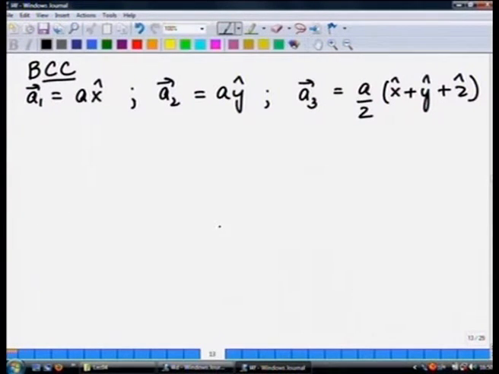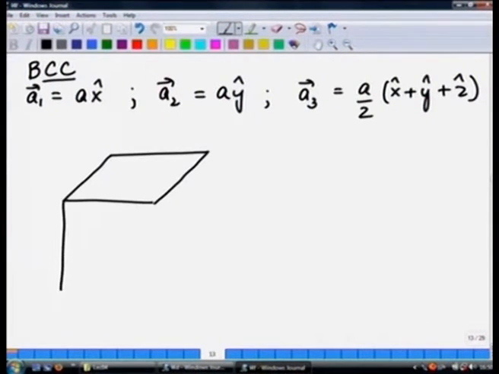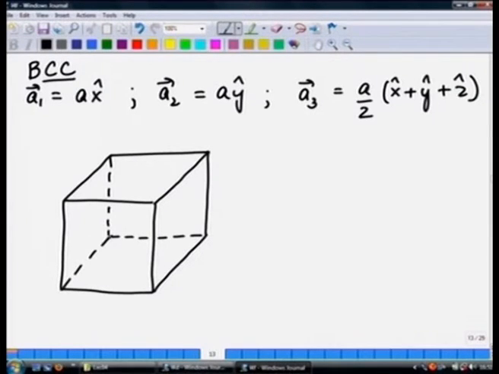So, let us assume that it is something like this. Let us assume this cube to be like this. This is a BCC.